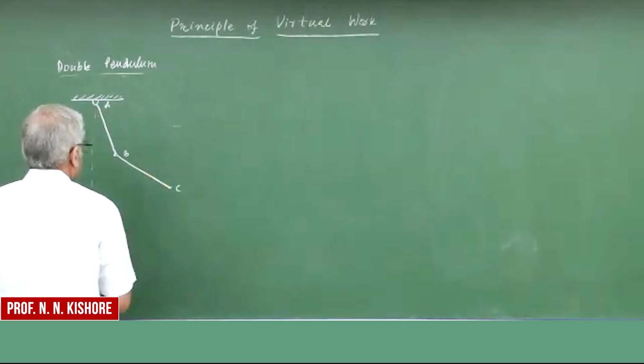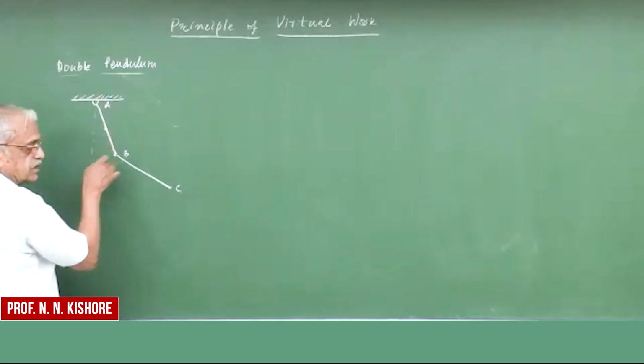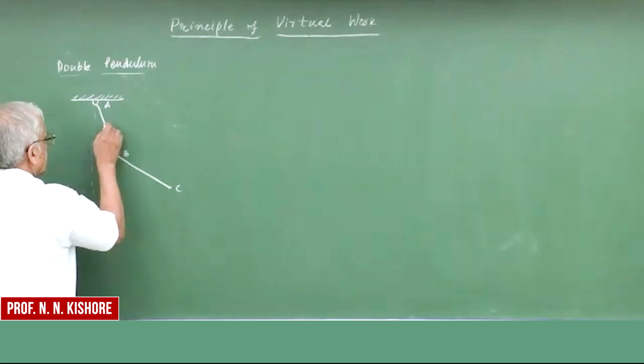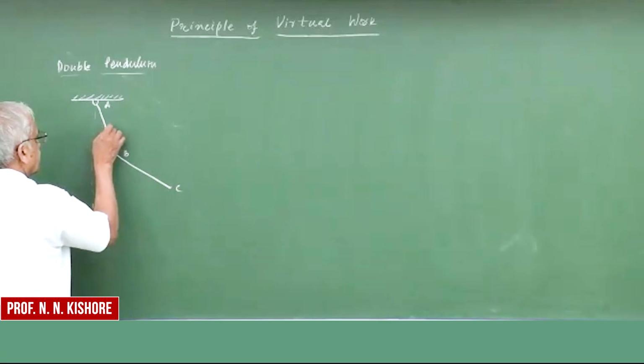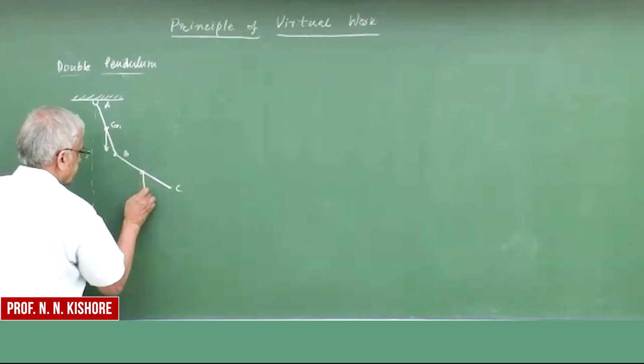And for simplicity, let's assume that the mass is completely distributed. The mass here is G1. This is the center of gravity.